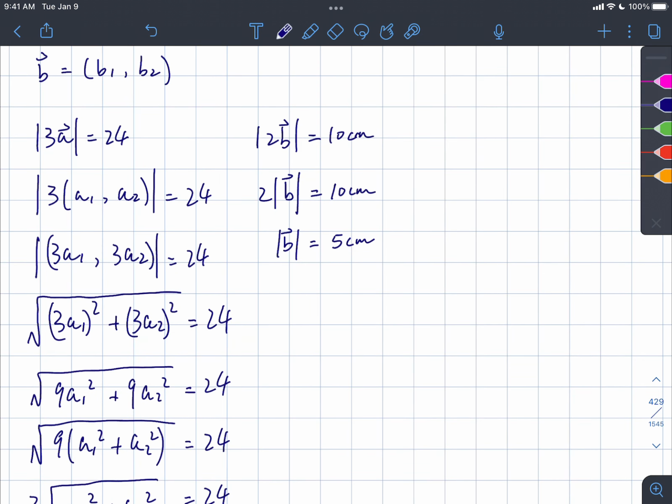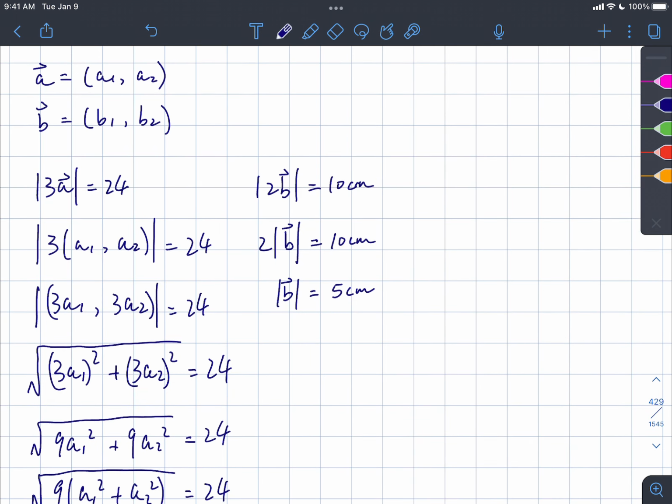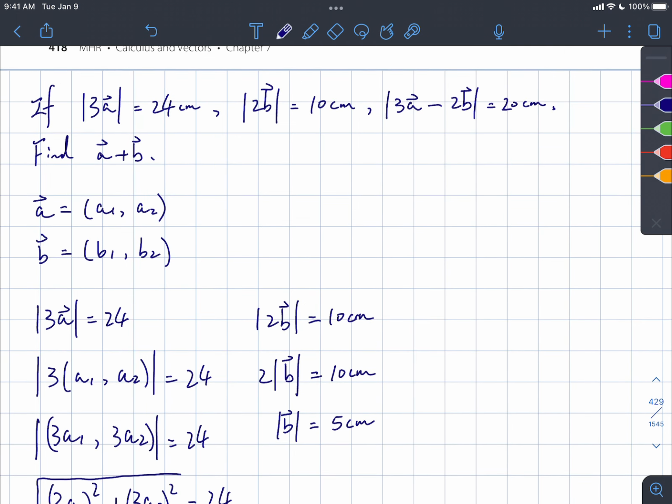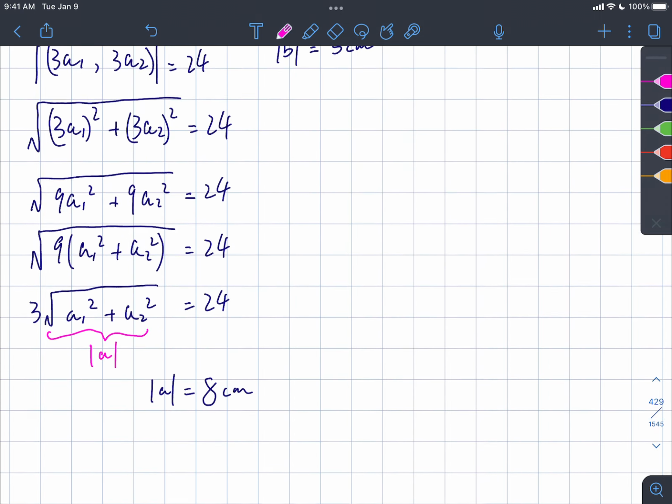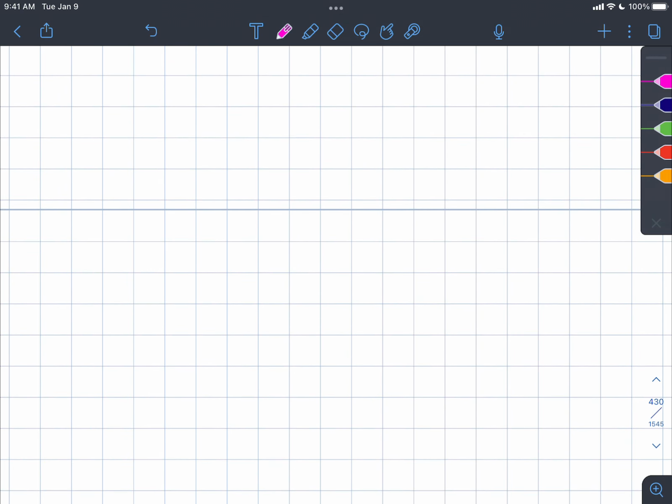So the next thing: we've got these two pieces of information. The last piece that's good to use is 3a minus 2b. This is probably the hardest one, so when you do it, make sure you're careful. I'll scroll down to here and we'll play with it.